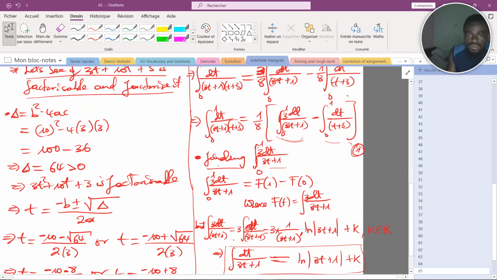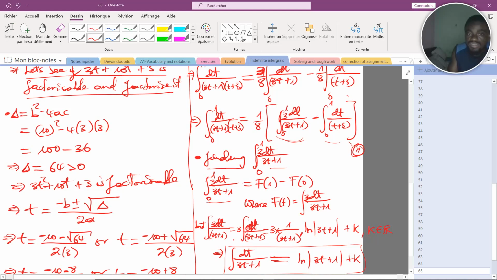Let's find the integral of 3 dt all over 3t plus 1. We know that this integral, since it has boundaries, is called a definite integral.